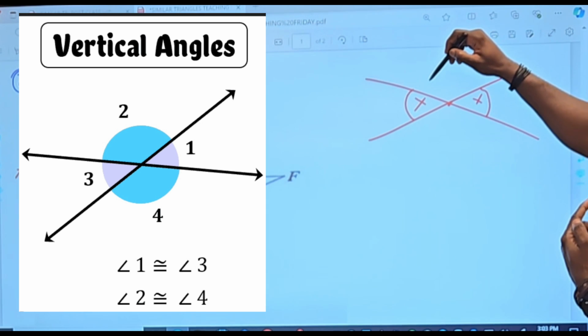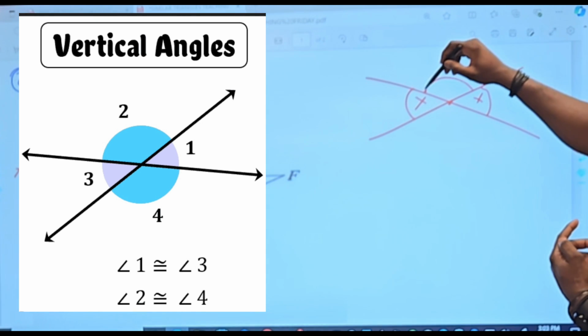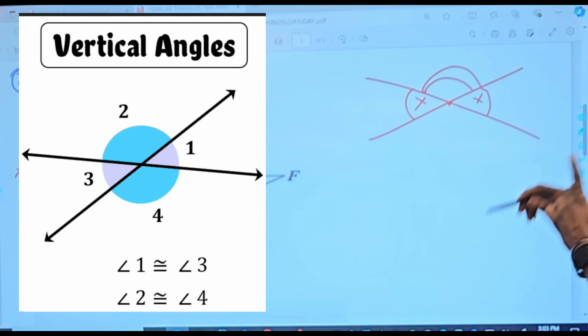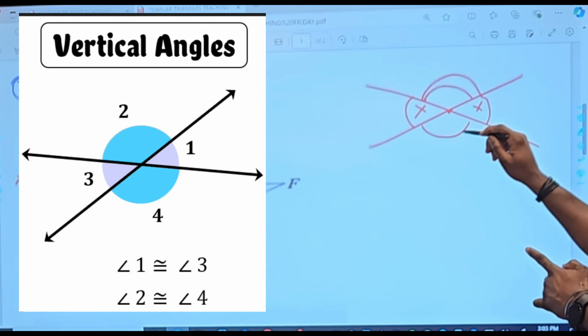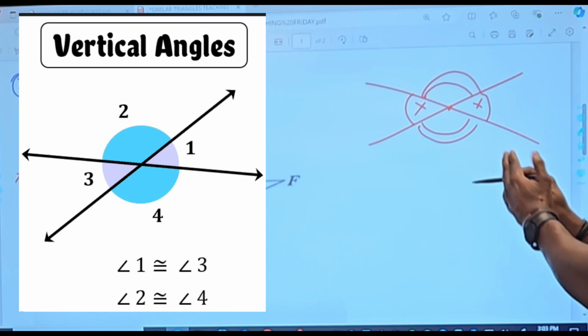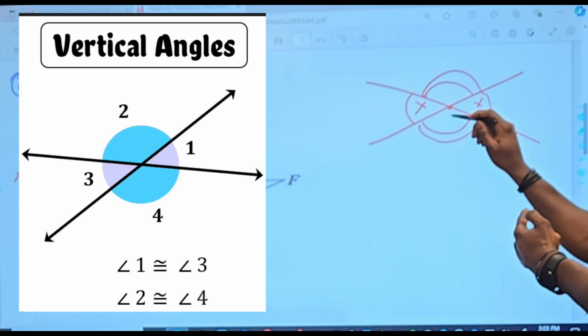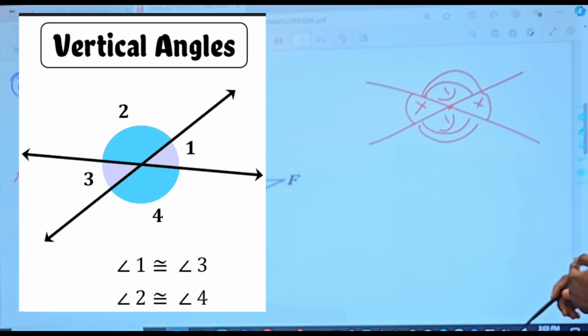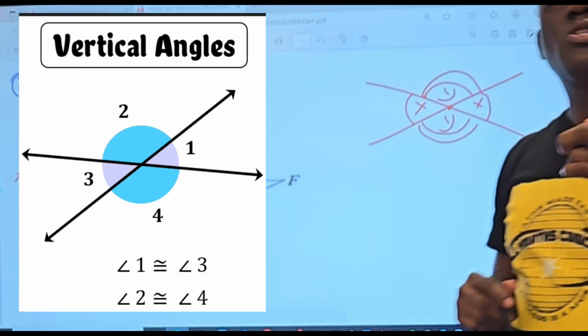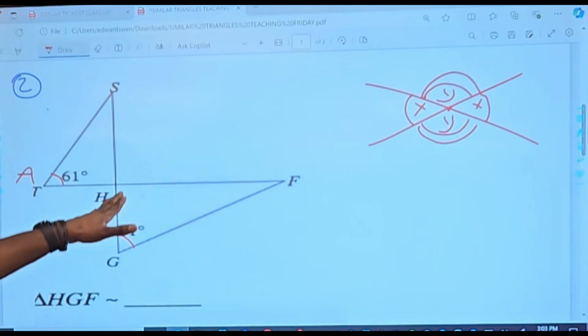Also, the one that opens upward is congruent to the one that opens downwards. So we call them vertically opposite angles. So if this is y degrees, this is also y degrees. So that is what we're going to embark on here.